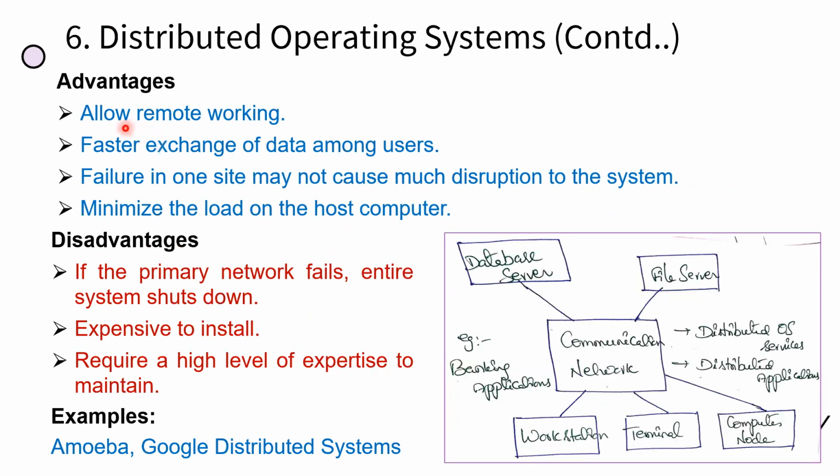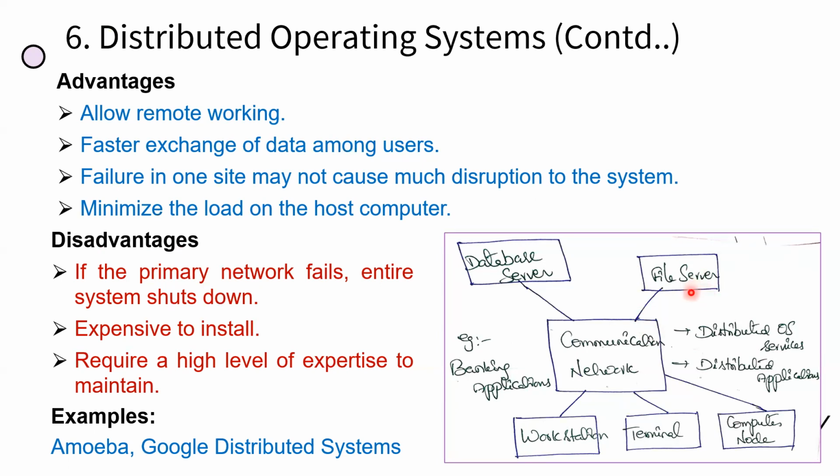Coming to the advantages, it allows remote working since we are able to access different types of servers from different places. The exchange of data among the users is relatively faster, and failure in one site does not cause any disruption in the system. That means if one server fails, it does not cause disruption. Generally, in distributed operating systems, there exists redundancy.